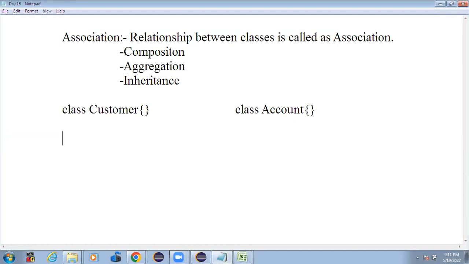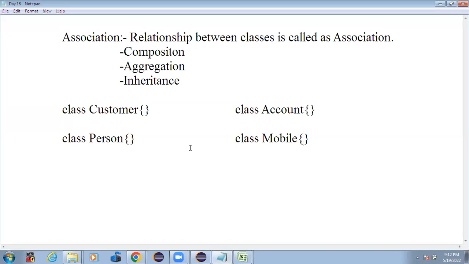Then we can have a person. We can write the class person, and that person will have some attributes and functionality, and then I will write another class, mobile. Is there any kind of relationship between person and mobile?